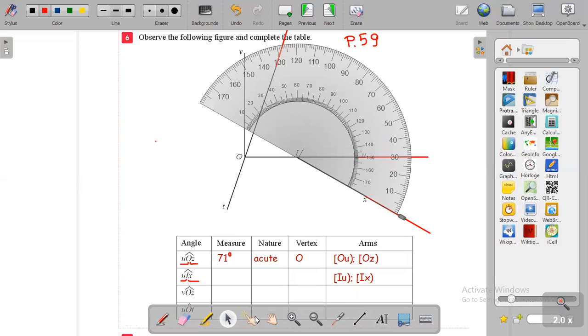And we put the middle of the protractor at the vertex I. We start from this side because the first arm we put the protractor on is from this side, and we start from 0. So these numbers are starting from 0, and we look, the other arm is at 30. So the measure is 30 degrees.